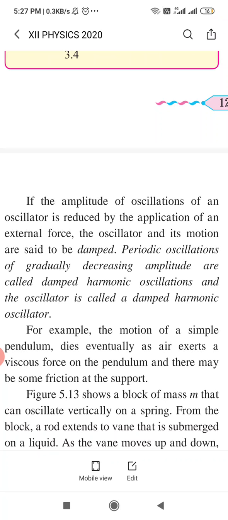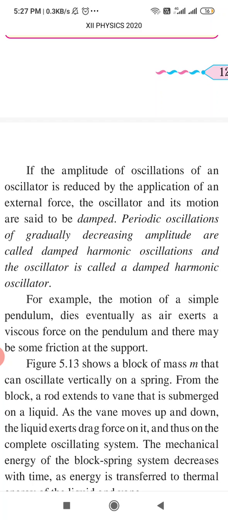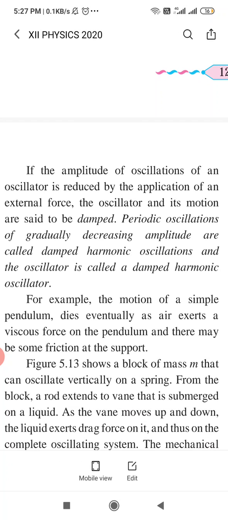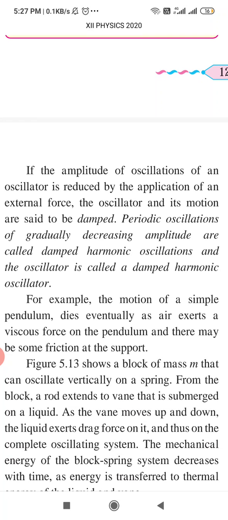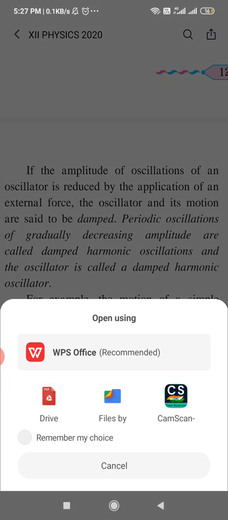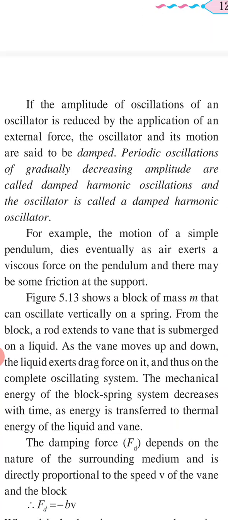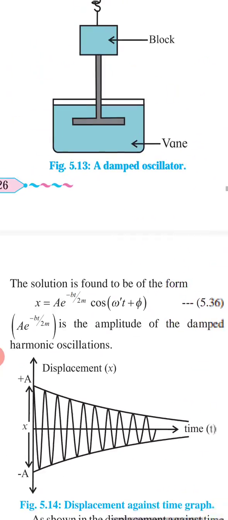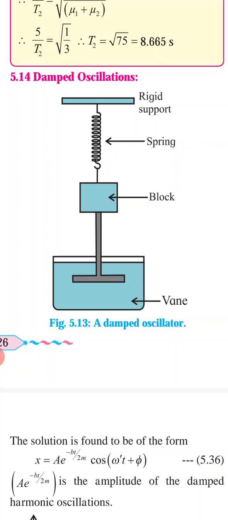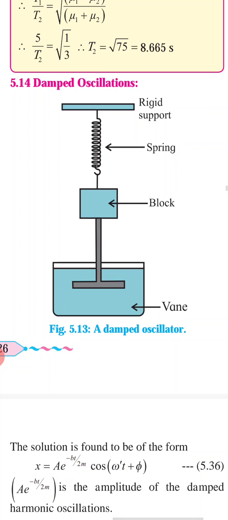For example, the motion of a simple pendulum dies eventually as air exerts a viscous force on the pendulum, and there may be some friction at the support. From this figure, we can say that a block of mass m can oscillate vertically on a spring.